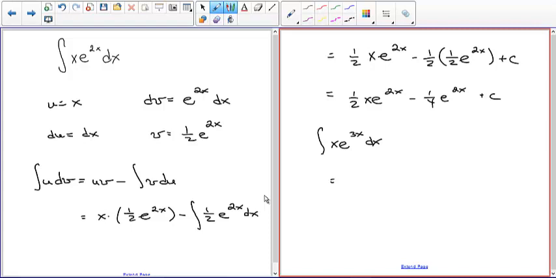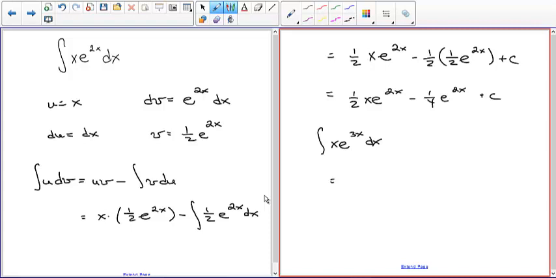The 1/2 came from integrating e to the 2x, because when you solve for dx, you get du over 2. So now I'm integrating e to the 3x. So I should divide, instead of by 2, by 3, right? So the first term, instead of 1/2 x e to the 2x, is going to be 1/3 x e to the 3x. And the second term, you can see how the 1/2 comes in twice.